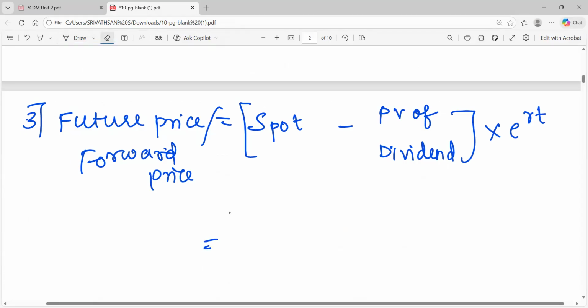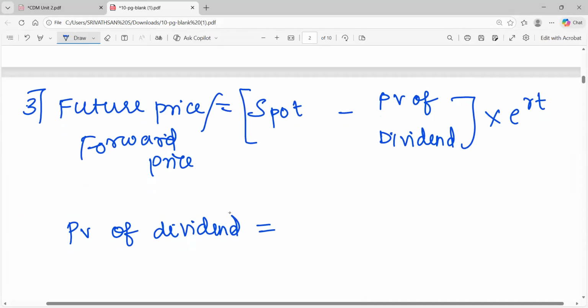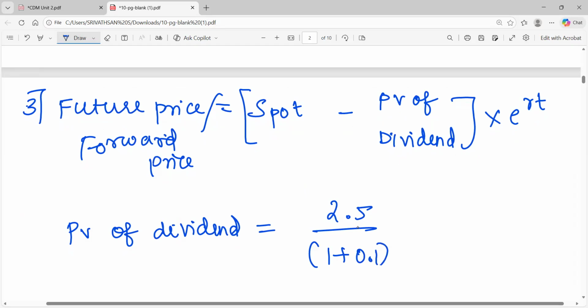First, we will calculate the present value of dividend. What is the dividend that is going to be paid after 3 months? 2.5, divided by 1 plus the required rate of return, 10%, 0.1, whole power.